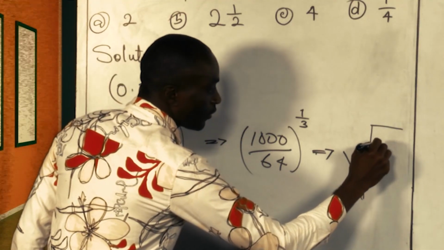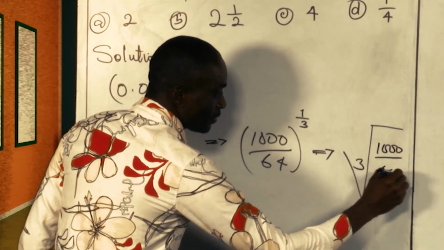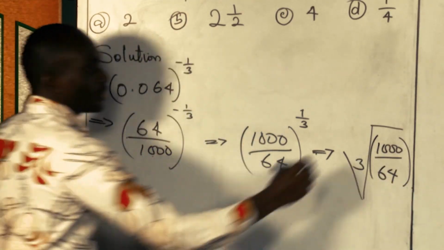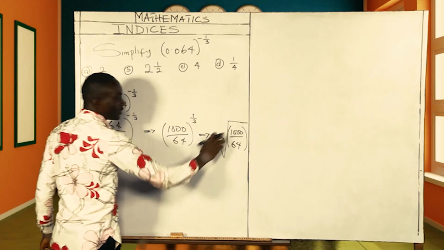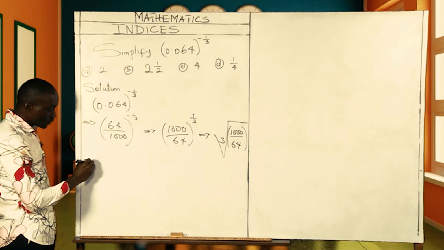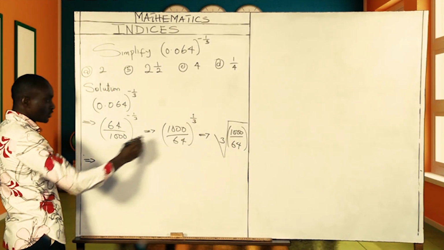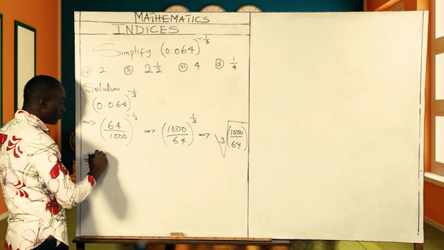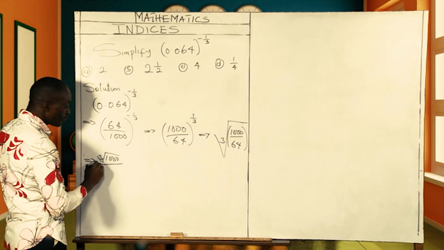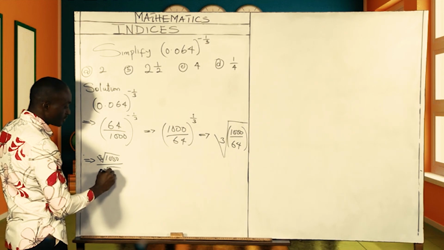So we have the cube root of 1000 over 64, and the cube root covers the whole of this fraction. For your better understanding, let me split it. This is the same thing as saying cube root of 1000 over cube root of 64.